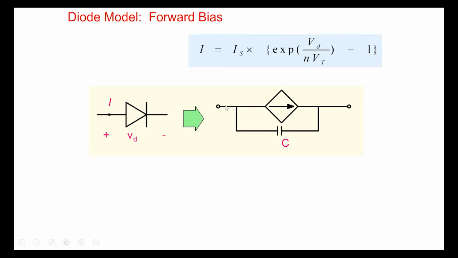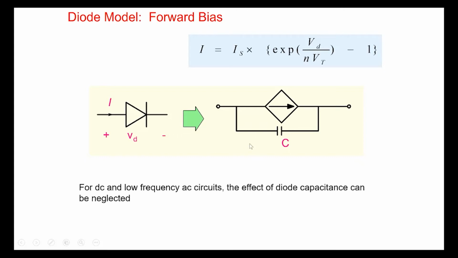The voltage is across the same pair of terminals as the current, and it's a nonlinear current source. Along with the current source, we had also seen that the diode has capacitance within it. So for the sake of completeness, we have added the capacitor also in parallel to this current source here.